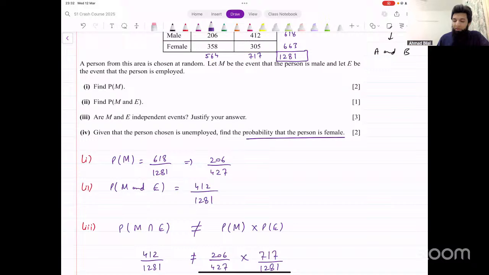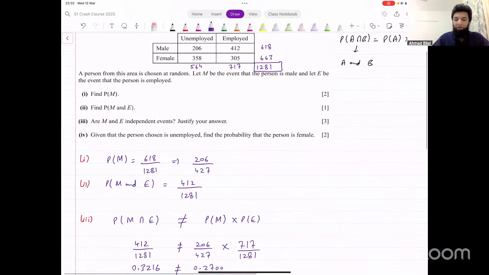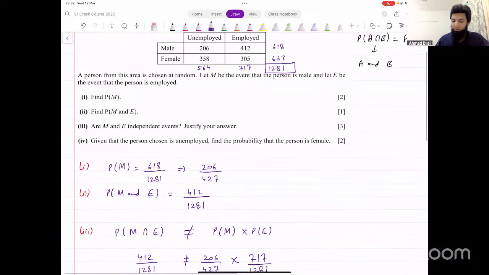The given is that the person is unemployed. The probability we have to find is that they're female: female given unemployed.